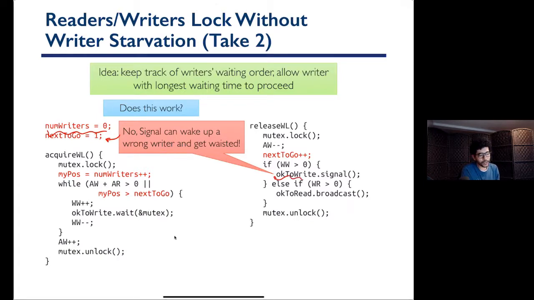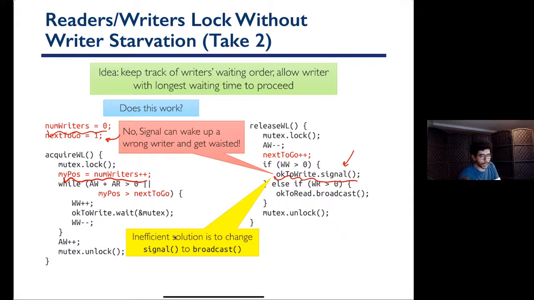When I call OK to write signal, this signal is going to be given to a writer, and this signal is not guaranteed to be delivered to the first writer who waited. Then this could be the wrong person to receive the signal. They check again, figure out that it's not their turn, and put themselves to sleep again. So this signal will get wasted. We saw another example where a signal got wasted and we had starvation. So this also gives you the same problem.